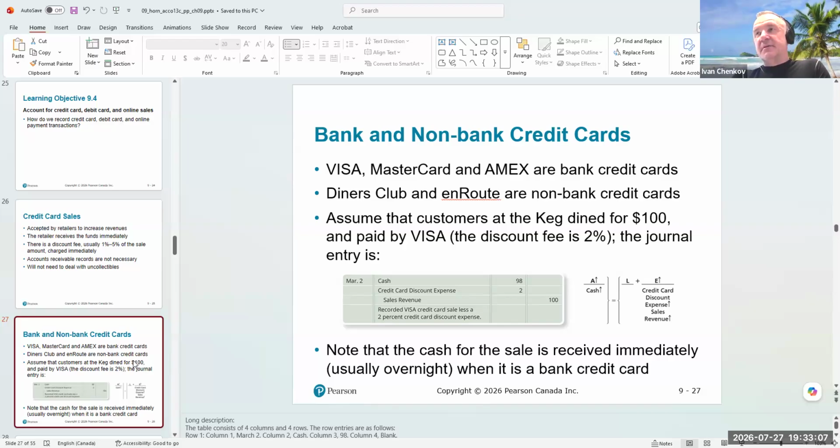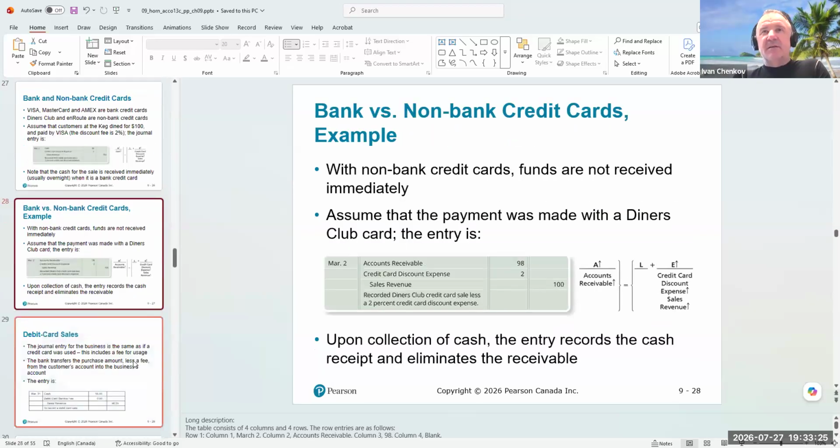So the cash that you're going to see is $98. It's going to be deposited to your bank account. $100 is your sales, so you have a discrepancy of $2, which will go to the credit card discount expenses. And that's where we're going to leave it.